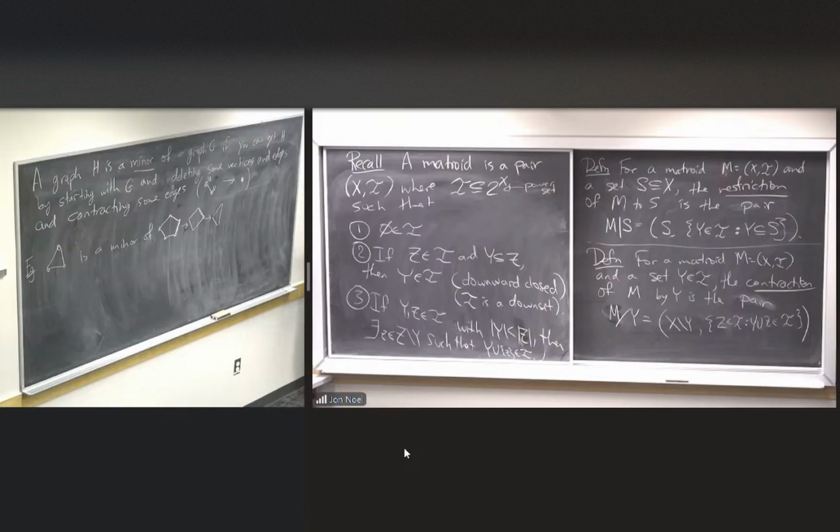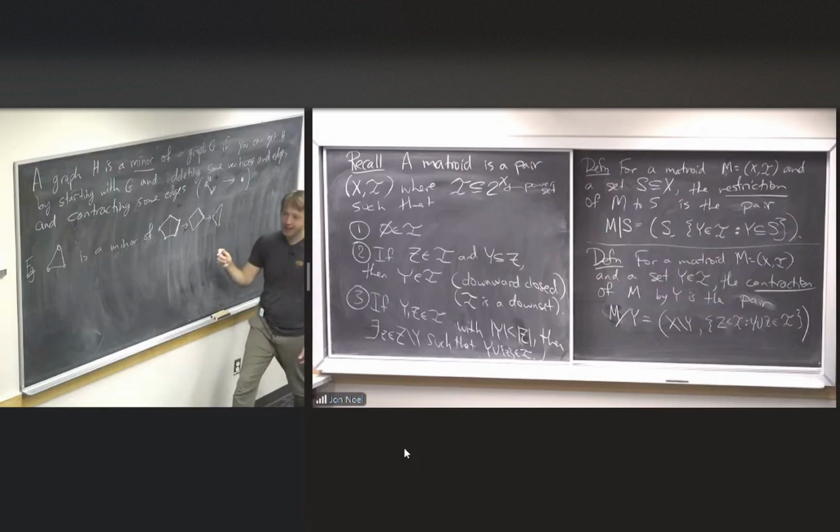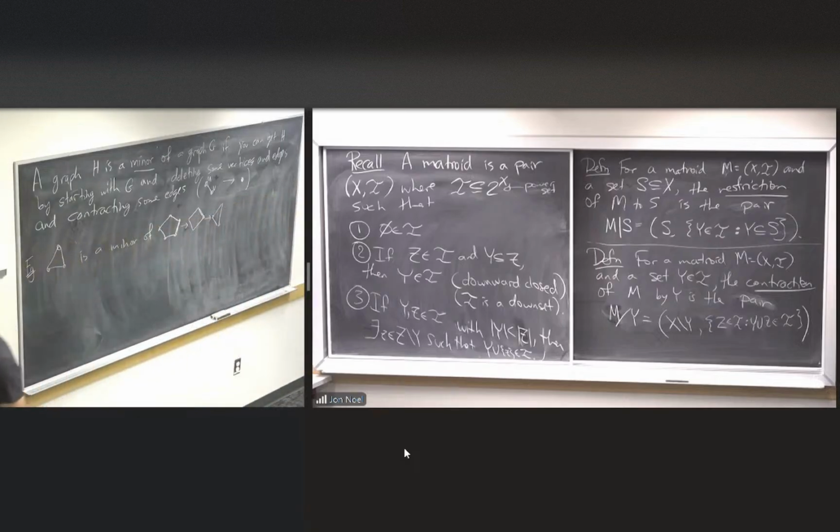Basically, if you want to show that a graph is very complicated, you might want to show that it has a minor of a very complicated structure. Anyway, think about what this is doing in a graphic matroid. Take a graphic matroid for a certain graph, and let's say I delete an edge.